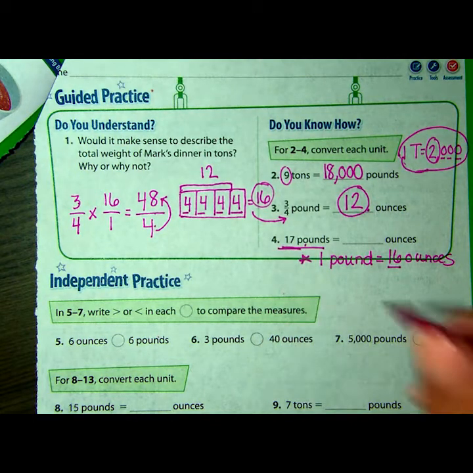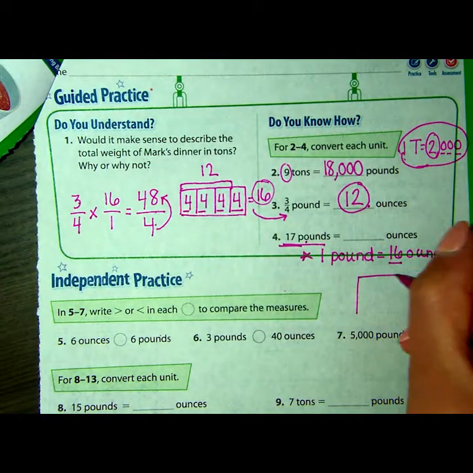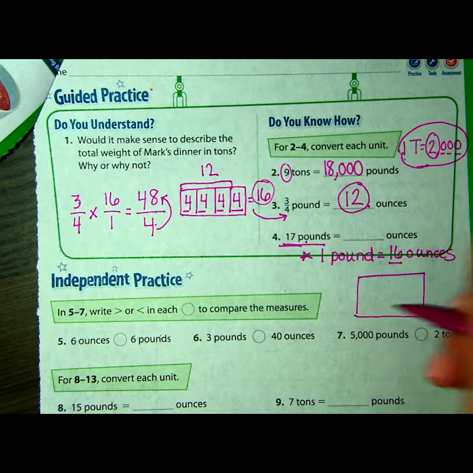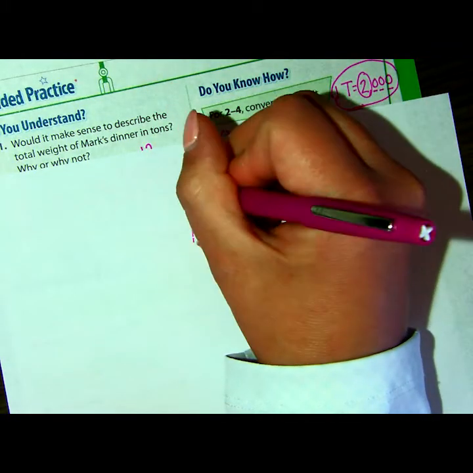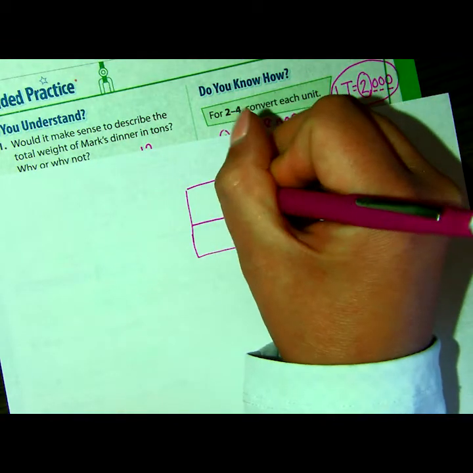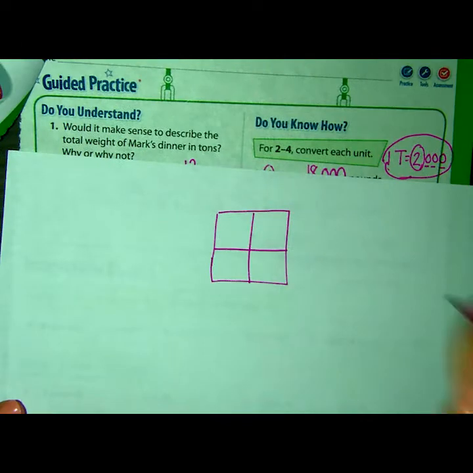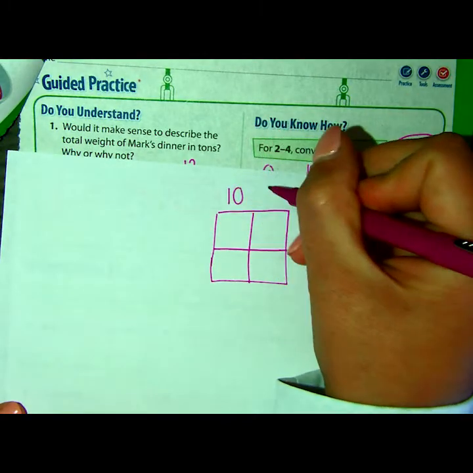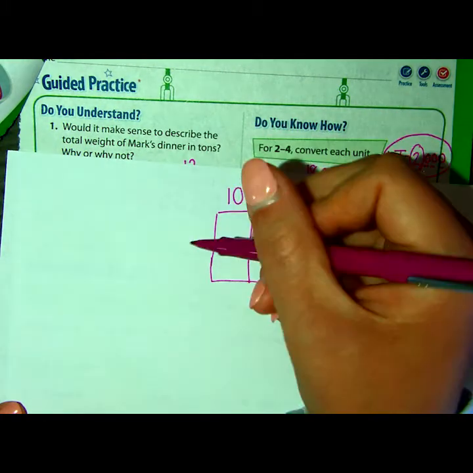If I set up an area model, and tell you what, I'm actually going to do that on a separate sheet of paper so we have more room. I know that it's a 2-digit by 2-digit, so it's going to look kind of like a window. And I'm multiplying 16, so 10 and 6, times 17, 10 and 7.